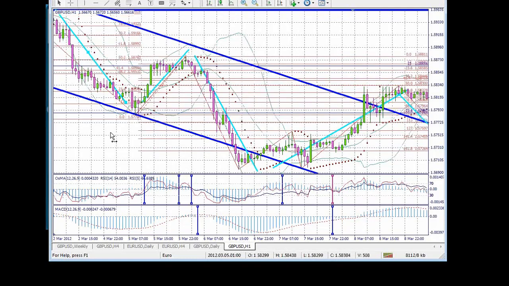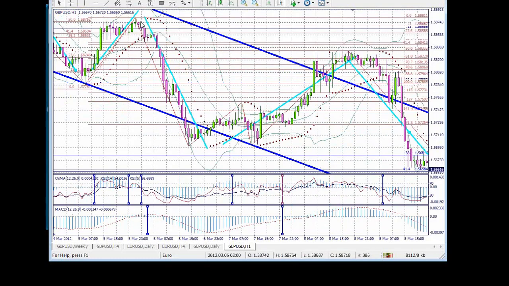I'm expecting, as I have those signals on RSI and on MACD, the wave 3 to be at least as big as the second wave, so to go to the 100 level of Fibo or bigger.